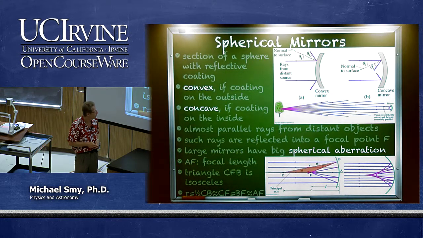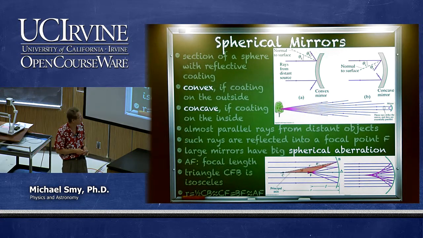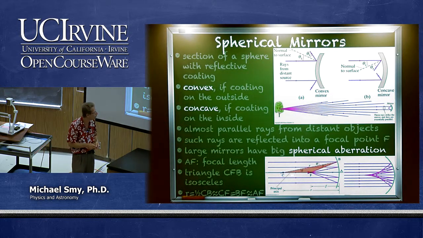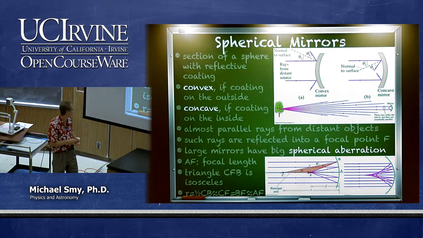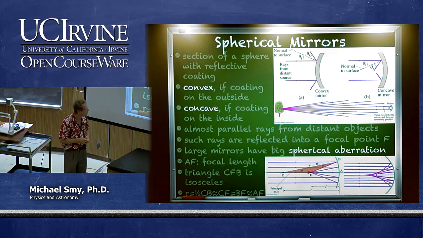And that means that this distance CF and the distance BF must be the same. If you have a triangle where two angles are the same, then two sides also have to be the same. And that means that the triangle is formed from the center of the sphere. I'm sorry, I forgot that part. So this point is actually the center of the sphere.